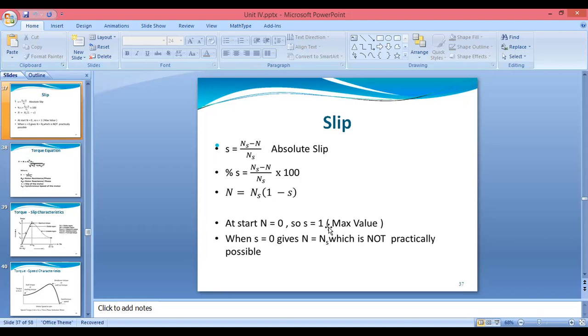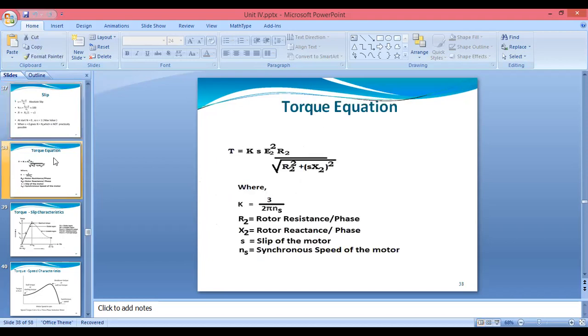So when we study the three-phase induction motor, you will get the equation for torque also. In the DC motor, we have seen the torque equation. You can write torque equal to F into R into sin theta.